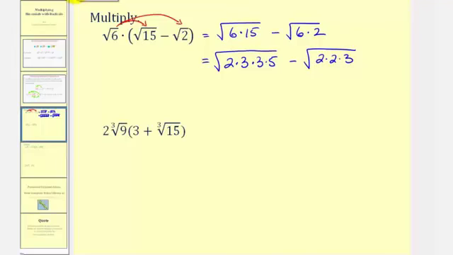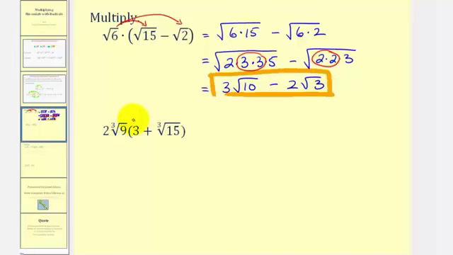And now we'll circle groups of two equal factors to find our perfect square factors. Here's 3 squared, and here's 2 squared, which are the perfect square factors. So the circled part will simplify. The square root of 3 squared is 3, so this simplifies to 3 square root 2 times 5 is 10, minus the square root of 2 squared is 2, and we have the square root of 3. This would be our simplified product.